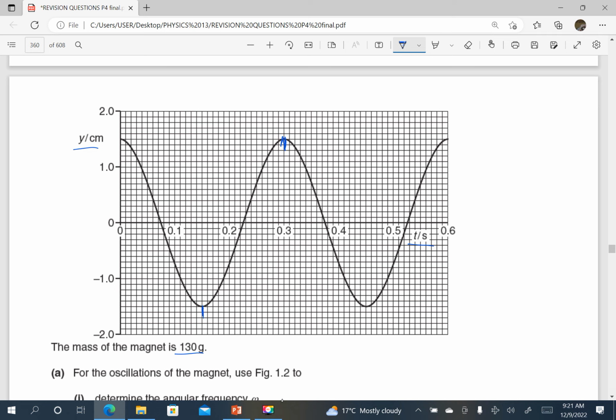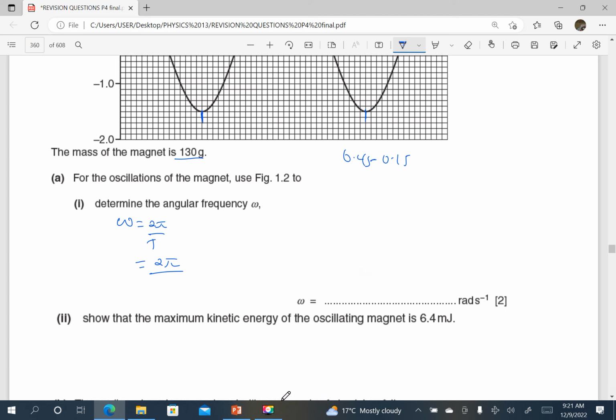I consider this is 0.15 and this is 0.45. 0.45 minus 0.15 is 0.3. So the period is 0.3. I just press my calculator. So omega is 20.9.